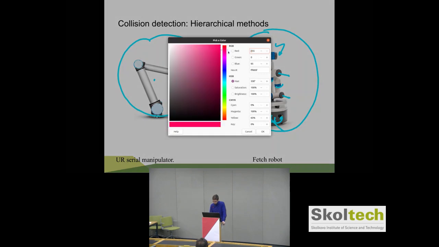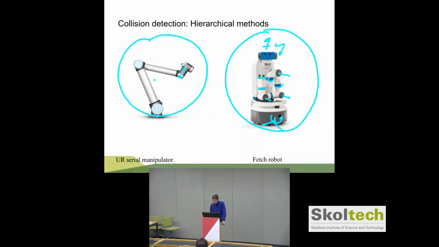Okay, let's go back to red. For each of these objects we could put a sphere here, a sphere here, a sphere here, and so on. This kind of hierarchical representation is going to save a lot of computations if you want to do coarse collision checking.